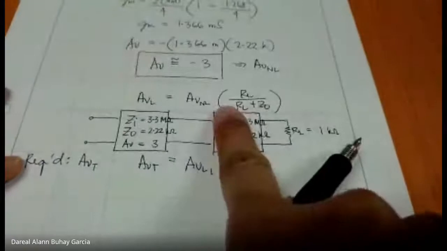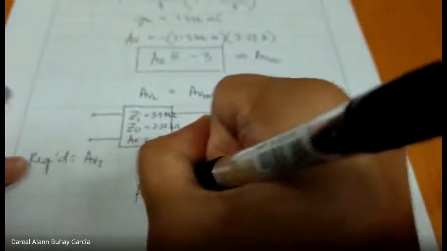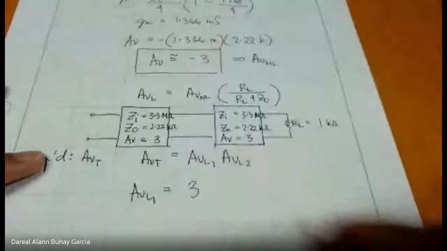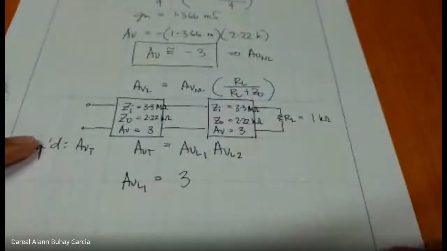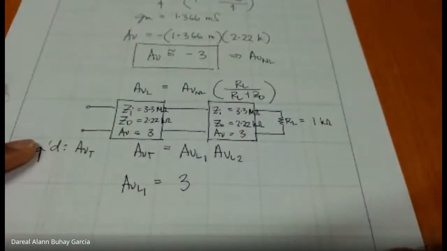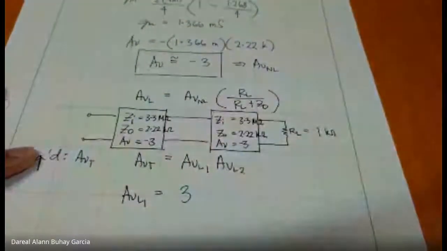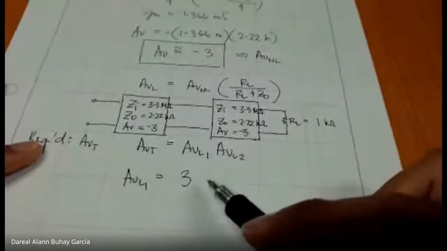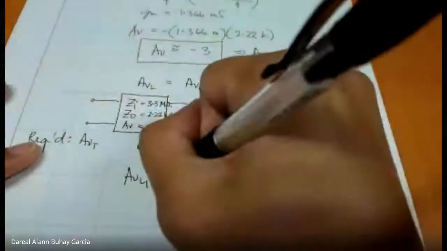Kung ano yung formula na to? Three, no? Negative 3 na siya. Yeah, sakto. So, negative 3.